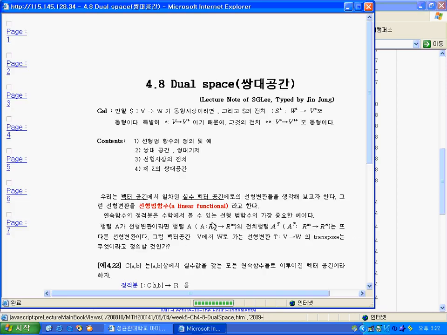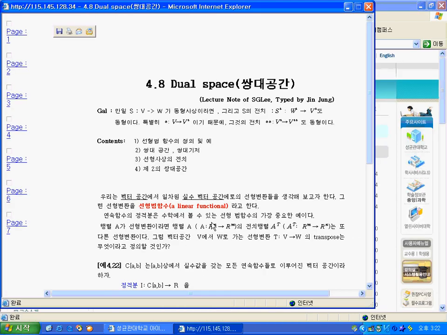And this is the application of the content in chapter 4. Section 4.8 deals with dual spaces, which is the application of all other information in chapter 4.